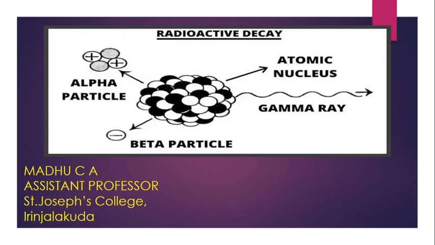We often say beta particle as electron. Positron also is there, but we will say beta particle as electron. So one negative electron is emitted, or there is an emission of gamma ray, which is an electromagnetic radiation. So this process is known as radioactivity, and we are going to study in detail about the different radioactive decay modes.